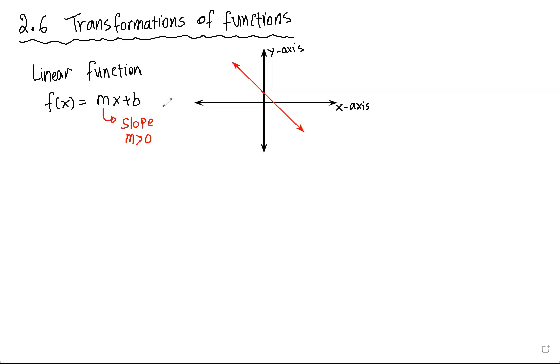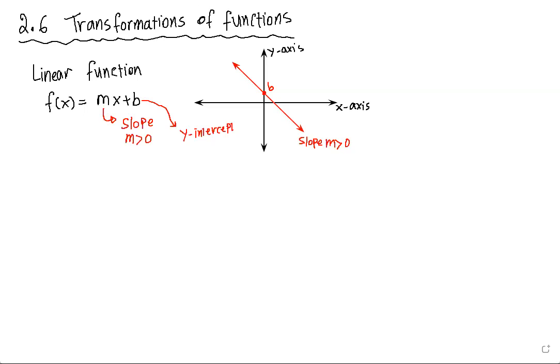This means the graph intercepts the y-axis at this point. So this is my b. And the slope of this line is m, and this is positive.